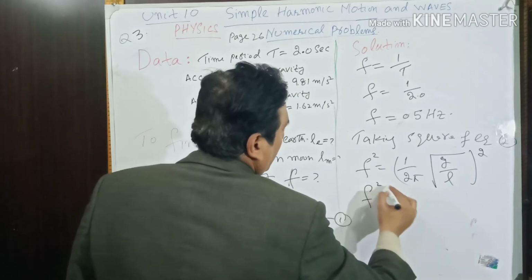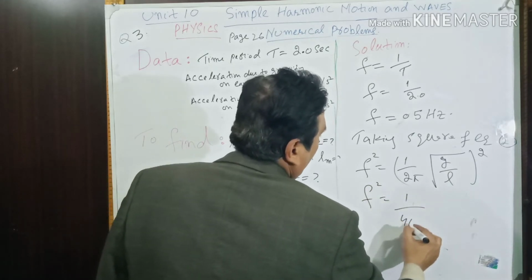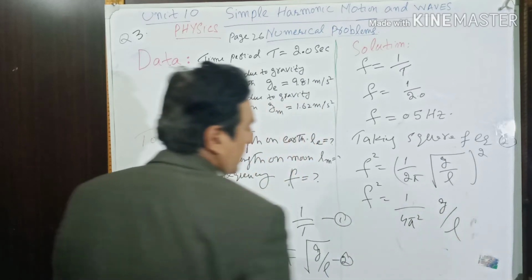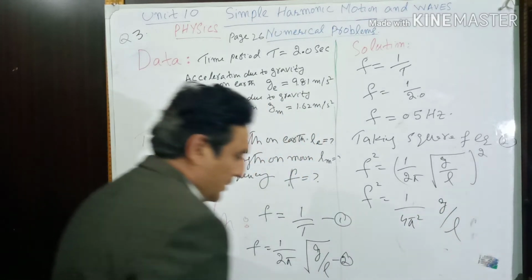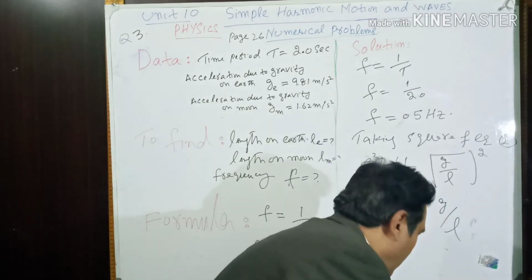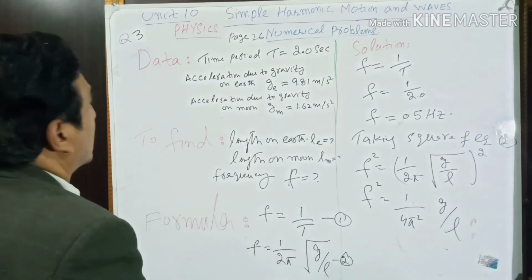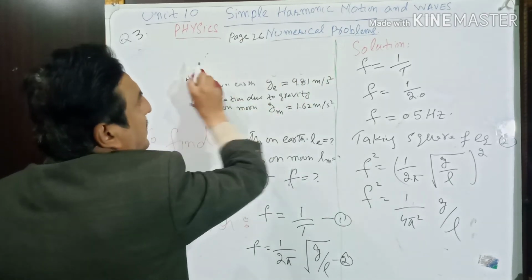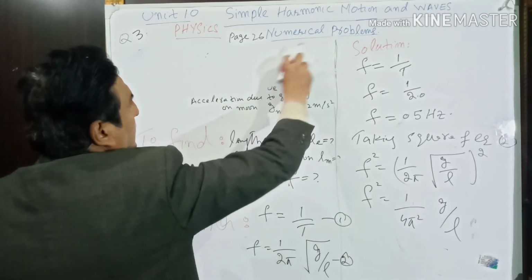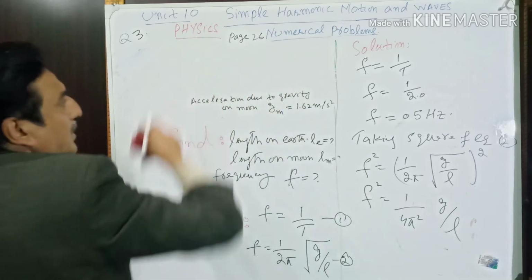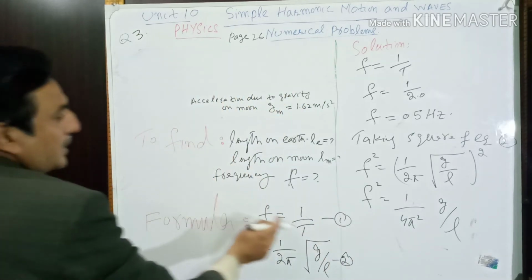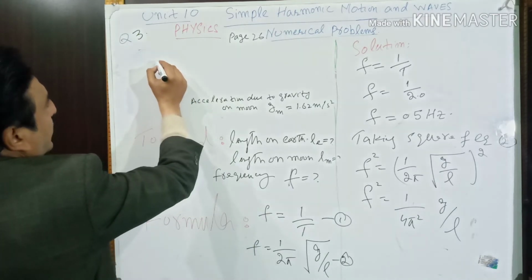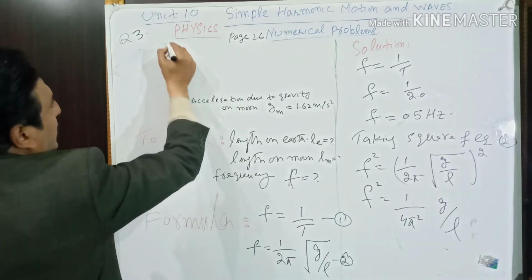F square is equal to 1 by 4 pi square g by L. We shift L on left hand side because we want to find the length.